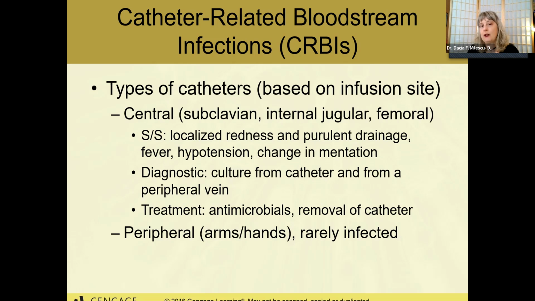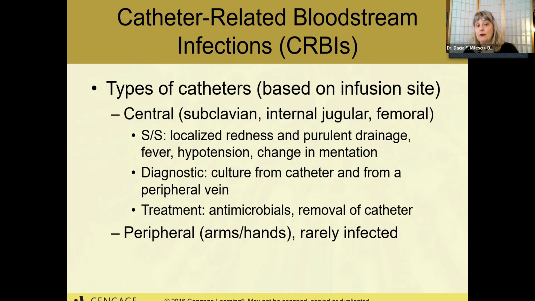Signs and symptoms could be redness or purulent drainage around the catheter site, fever, low blood pressure, change in mental status. How do we find out whether it is the root cause of everything? If it's a catheter-related infection, you need to get a culture directly from the catheter and from a peripheral vein.